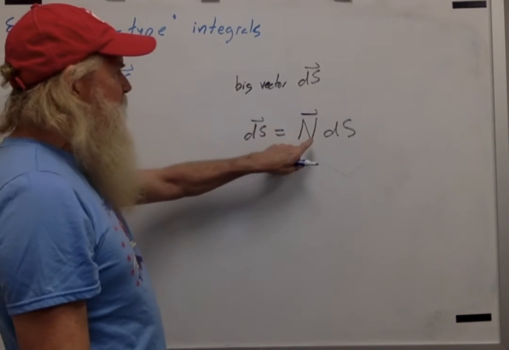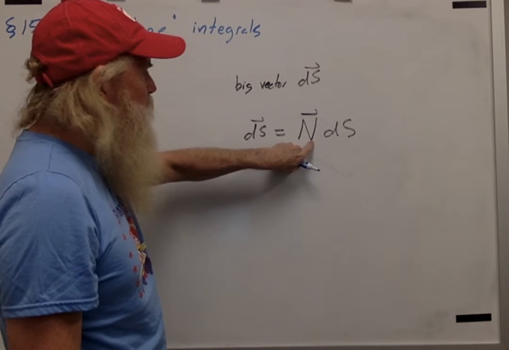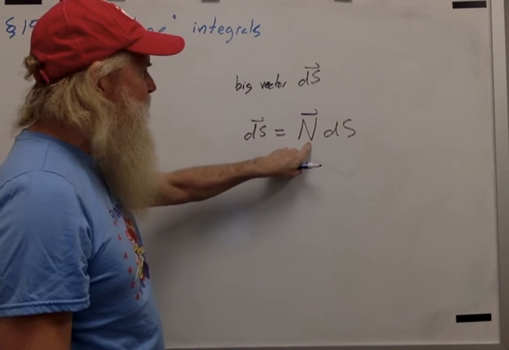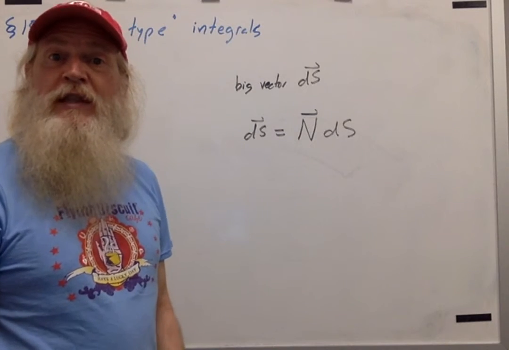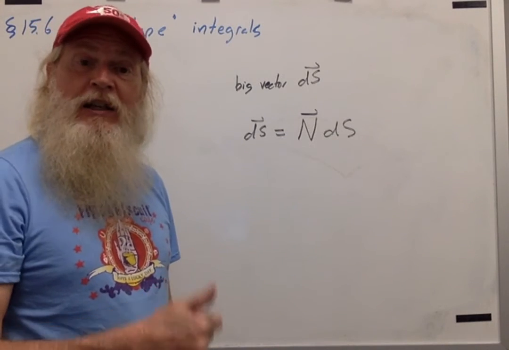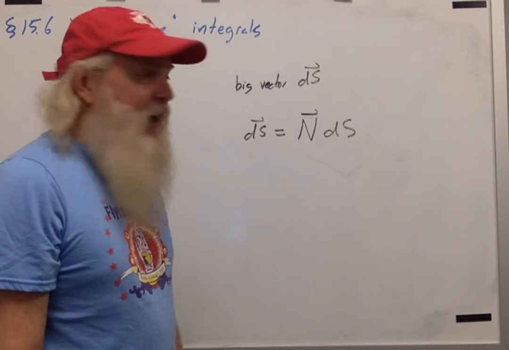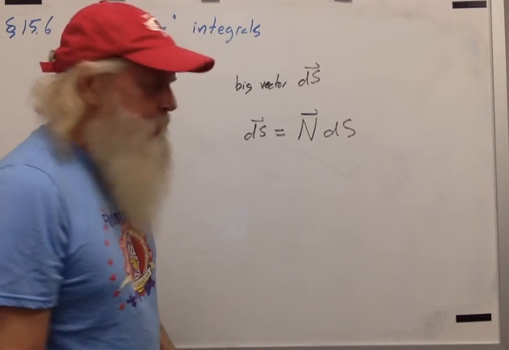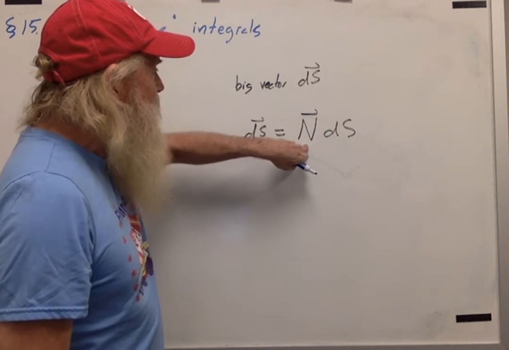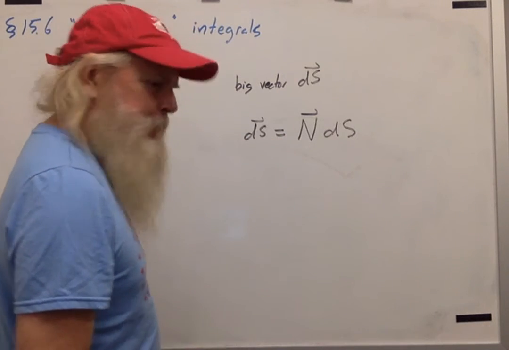So you're able to define a unit normal everywhere on the surface. Big dS is that unit normal multiplied by dS. Now, if a surface is orientable, there are two possible orientations. And in each problem, the orientation has to be specified. So let's see how we would calculate that.